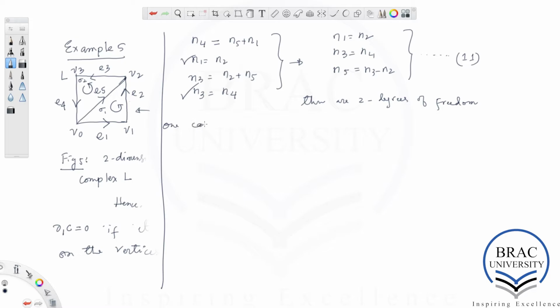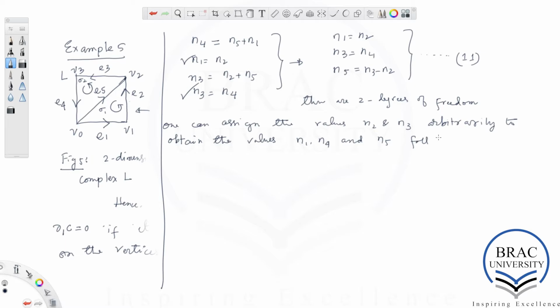One can assign the values N2 and N3 arbitrarily to obtain the values of N1, N4, and N5 following equation 11.